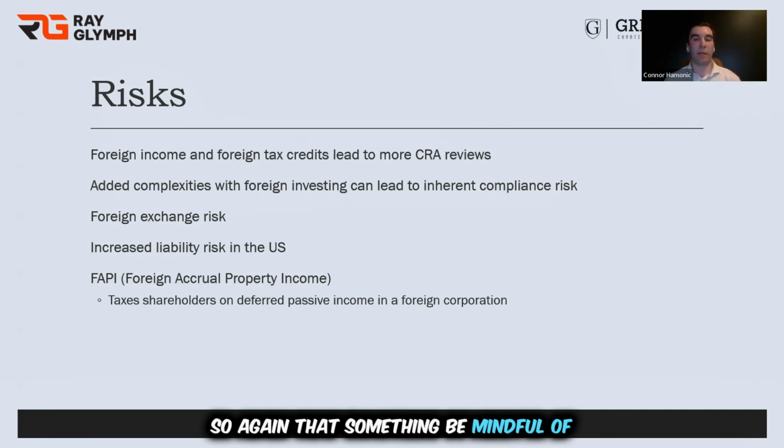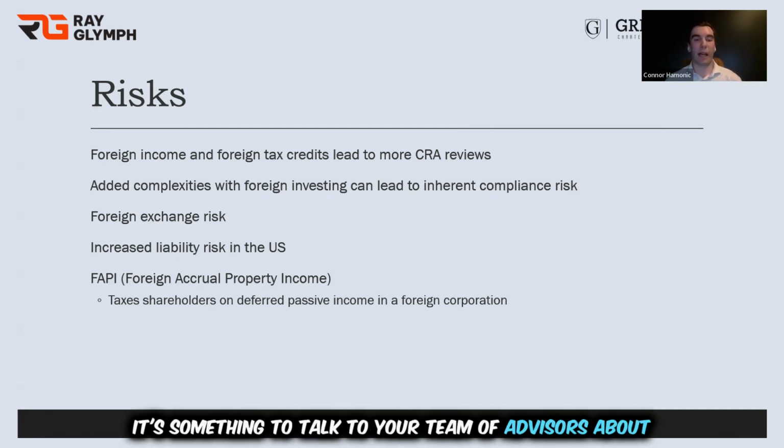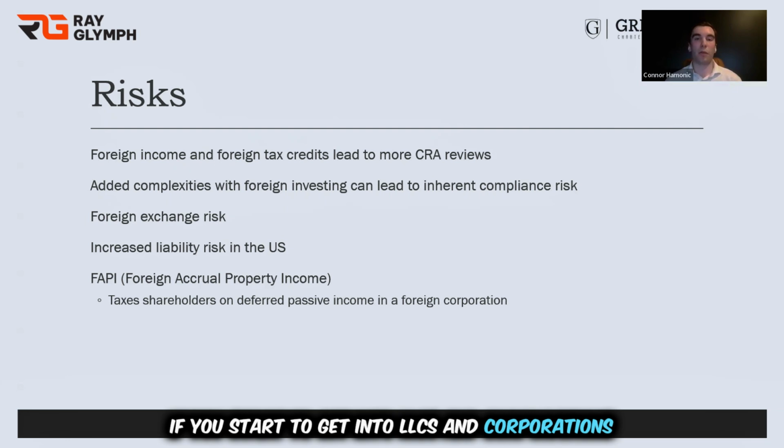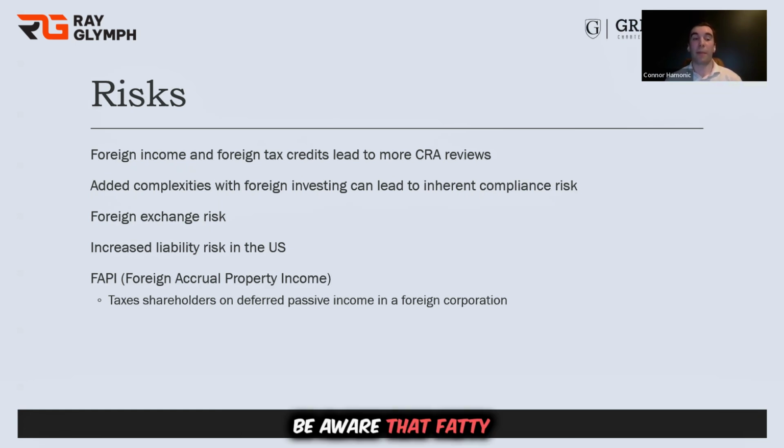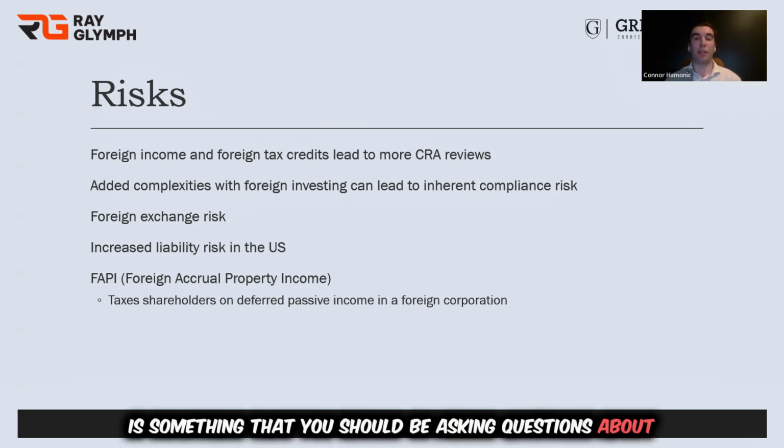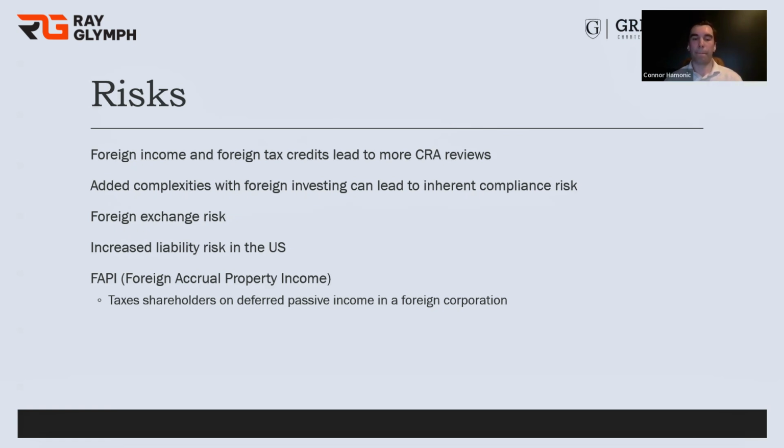So again, that's something to be mindful of. It's something to talk to your team of advisors about if you start to get into LLCs and corporations and different business structures. Be aware that FAPI is something that you should be asking questions about.